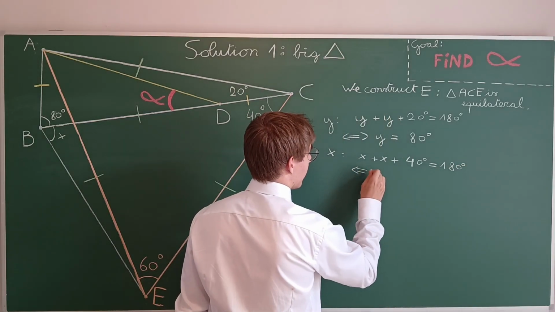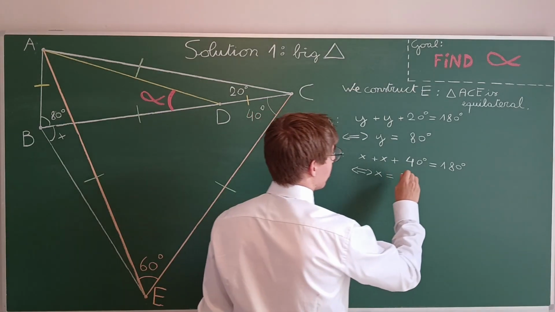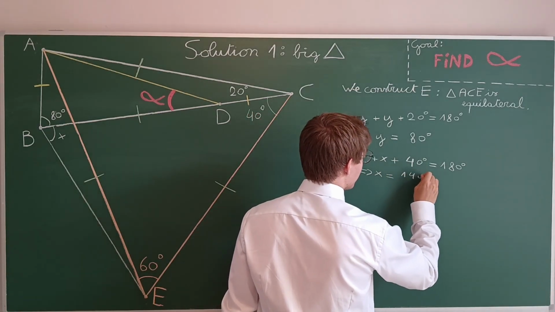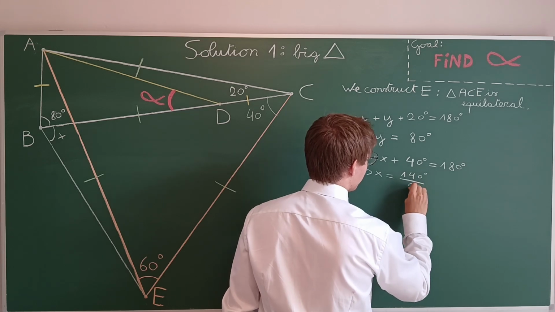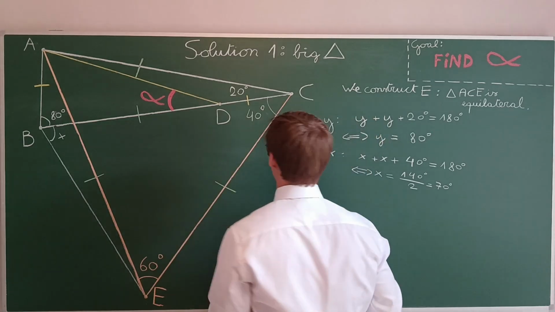This gives us that X is equal to 140 degrees divided by 2, which is 70 degrees.